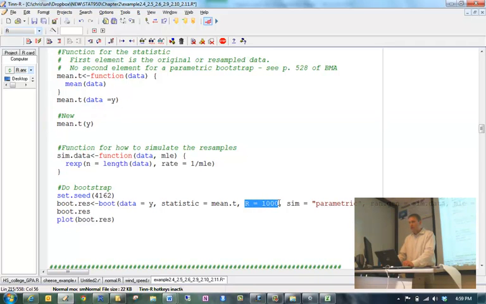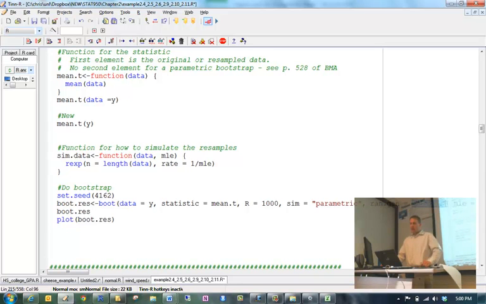Suppose I want 1,000 resamples. If I want a parametric bootstrap, I need to say sim, or simulation, equal parametric. And then I need to say, well, how are you going to actually take the resamples or simulate the data? And this is where you need to specify another function. I decided to call it sim.data.